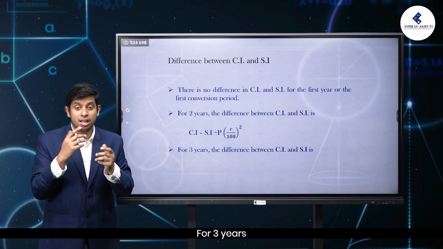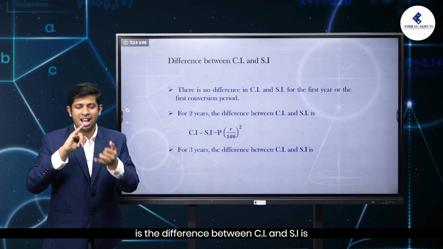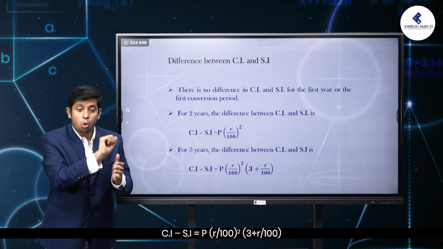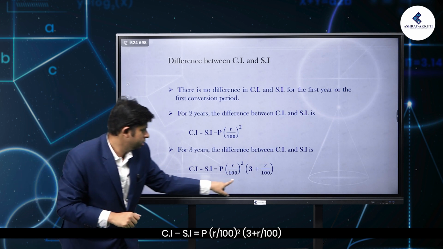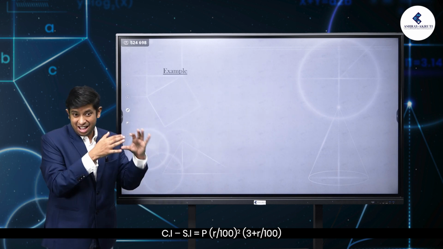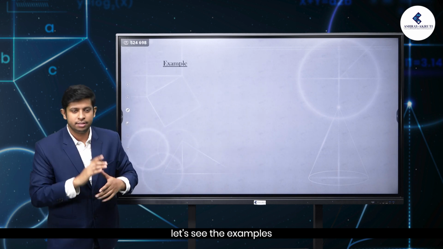For 3 years, the difference between CI and SI is CI minus SI is equal to P into R by 100 whole square into 3 plus R by 100. Let us see the examples.